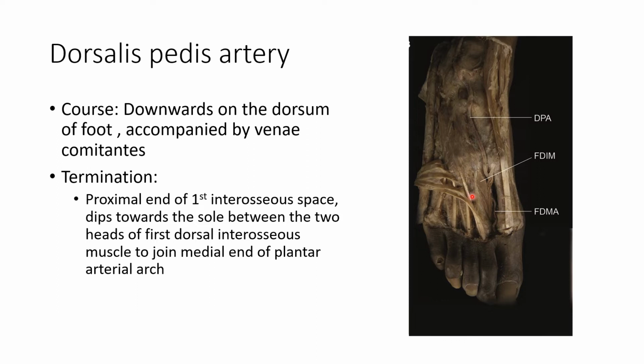This is the first dorsal interosseous muscle. It has two digitations. Between the two digitations, the dorsalis pedis artery dips towards the sole, where it will join the medial end of the lateral plantar artery, forming the plantar arterial arch.